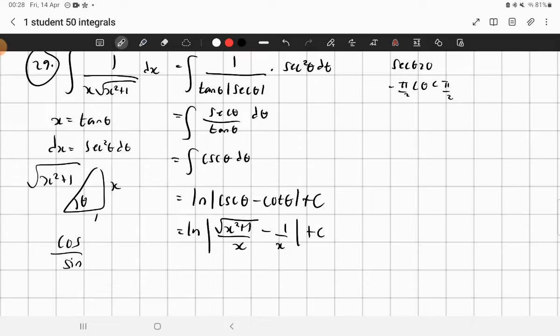Before I move on, I want to check my answer. y is equal to, where's my ln? The square root of x squared plus 1 over x minus 1. The other one will be y is equal to ln the absolute value of x squared.